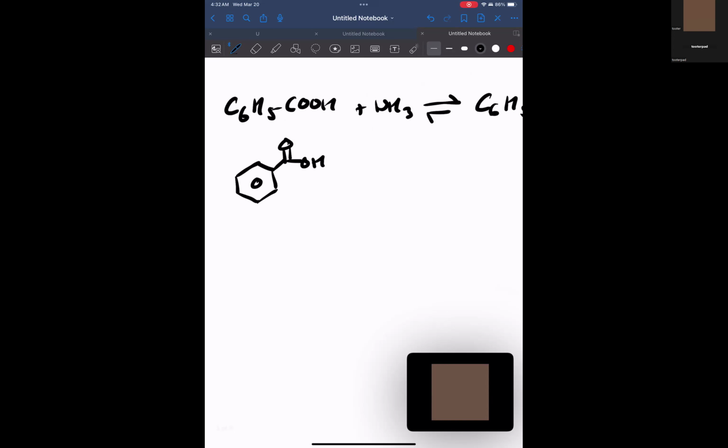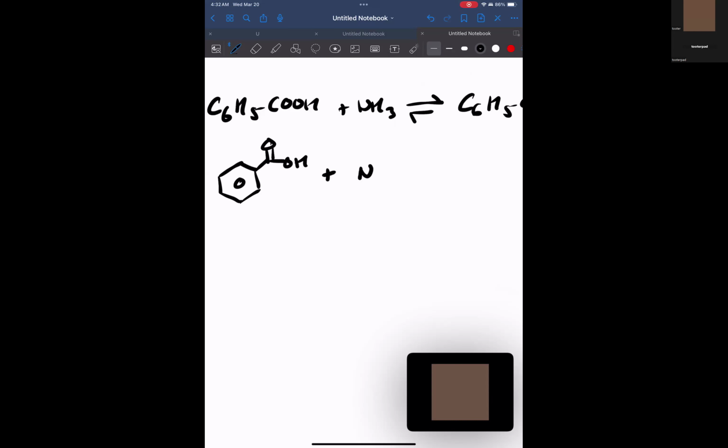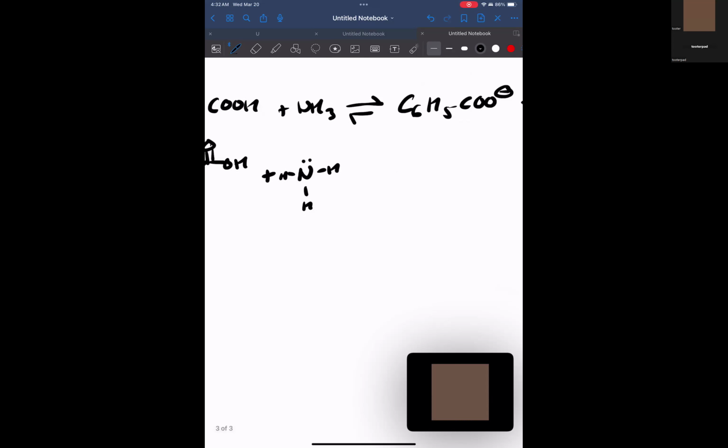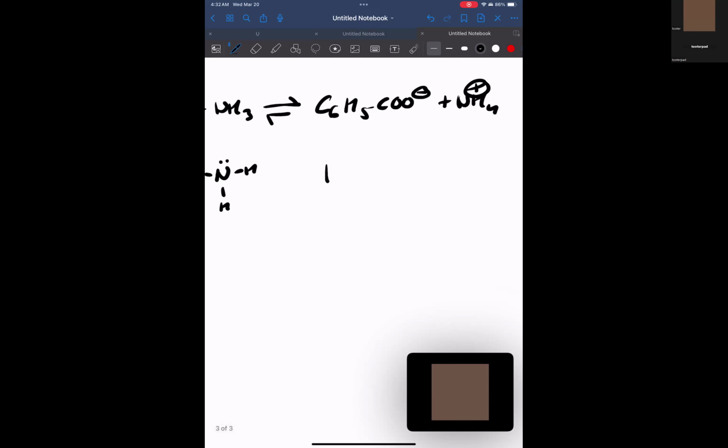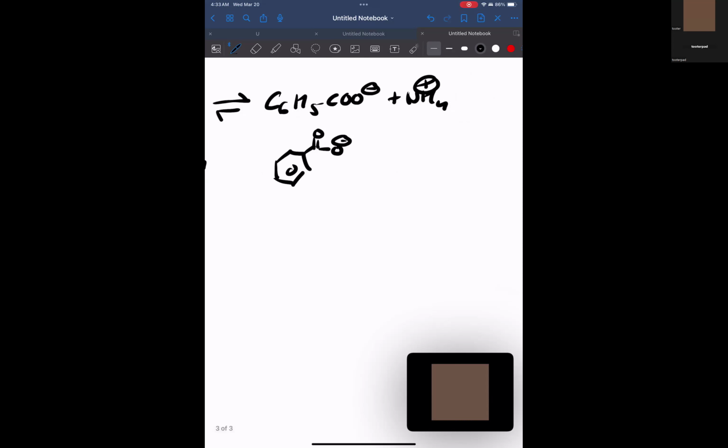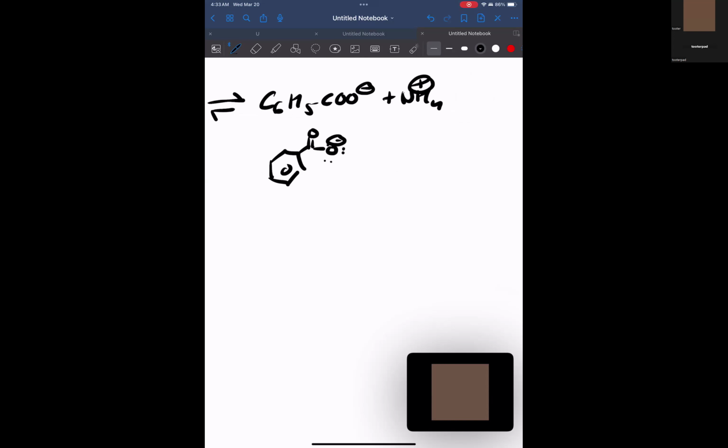So C6H5, there's 6 carbons right here, 5 hydrogens bonded around the ring, right? And there's a COOH, which is known as a carboxylic acid, plus nitrogen right here with 3 hydrogens, giving us this carboxylate right here. Always draw your lone pairs just to make sure.